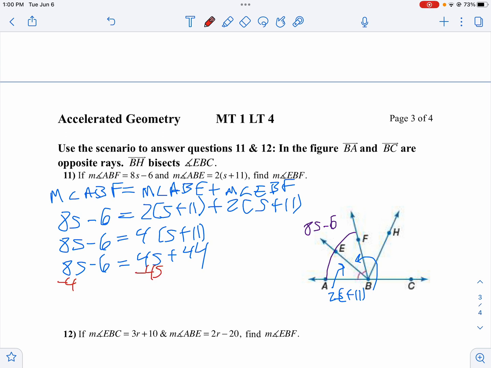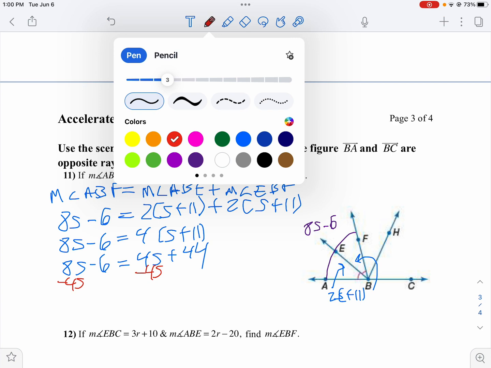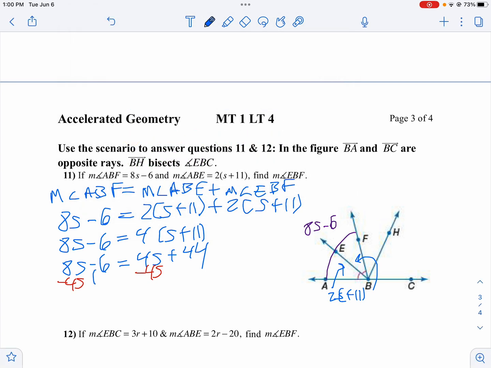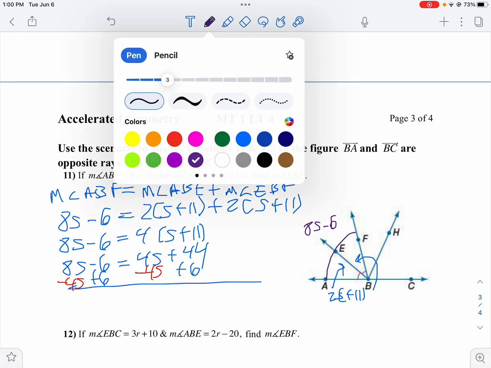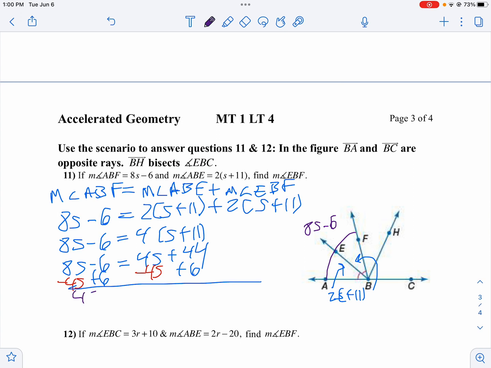At the same time, we might as well add 6 to both sides. So if we do that, 8s minus 4s is 4s, and 44 plus 6 is 50. Divide both sides by 4, and notice I can divide by 2, can't I? So s would be 25 over 2.